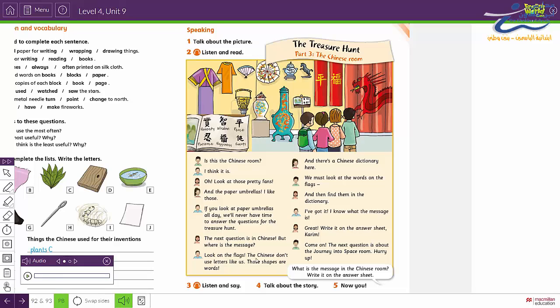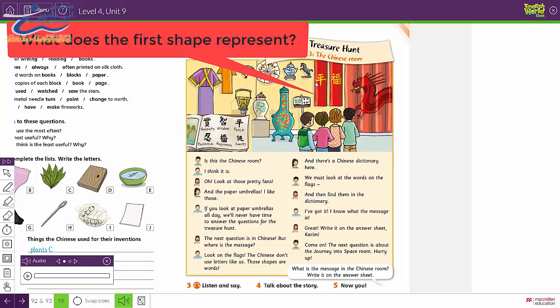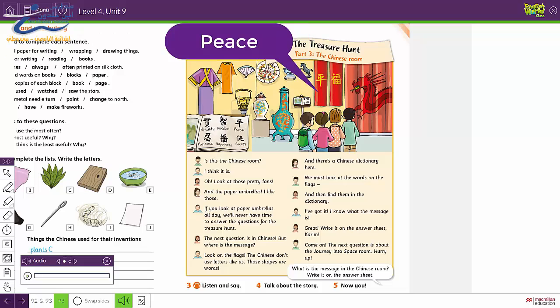Okay, after listening, did you get the message? We know that the Chinese do not use letters like us. They use shapes. And here we have a dictionary for these shapes. And look at the flags. What does the first shape represent? Search in the Chinese dictionary.